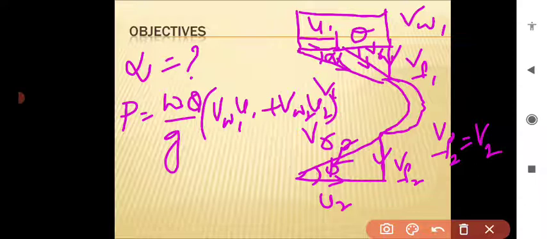Okay, before going to that, first we have to calculate the velocity of the blade and Vf1. After that we will get Vw1. We know that the blade velocity u1 is equal to pi d1 n by 60.